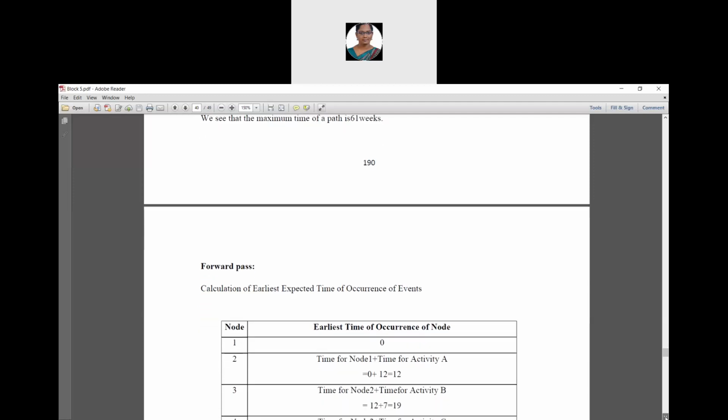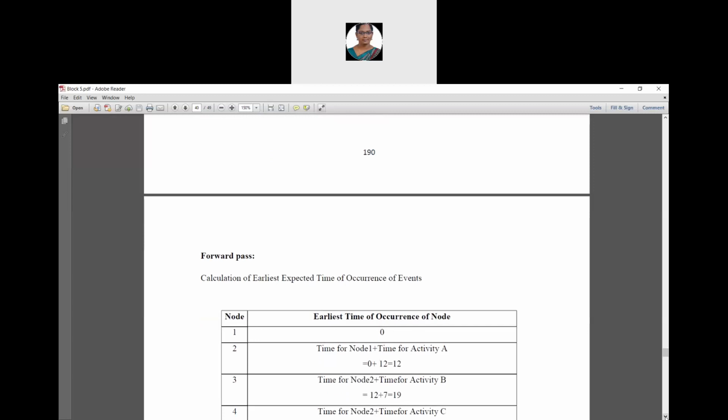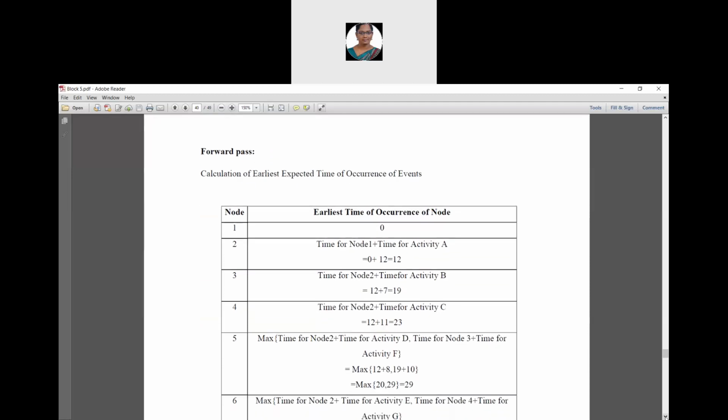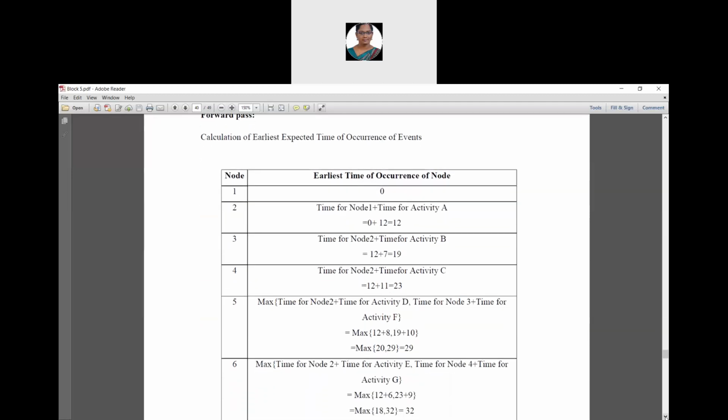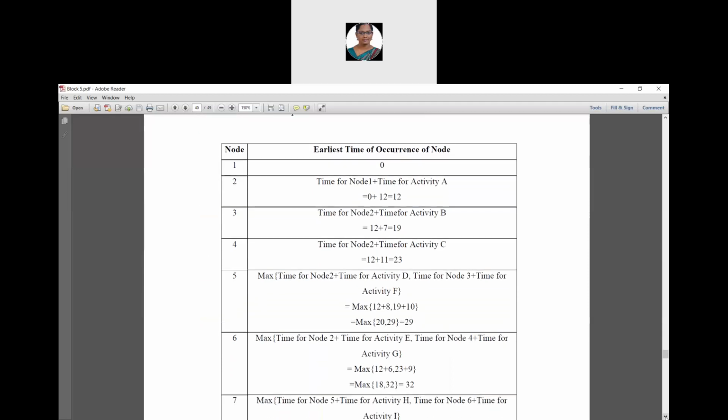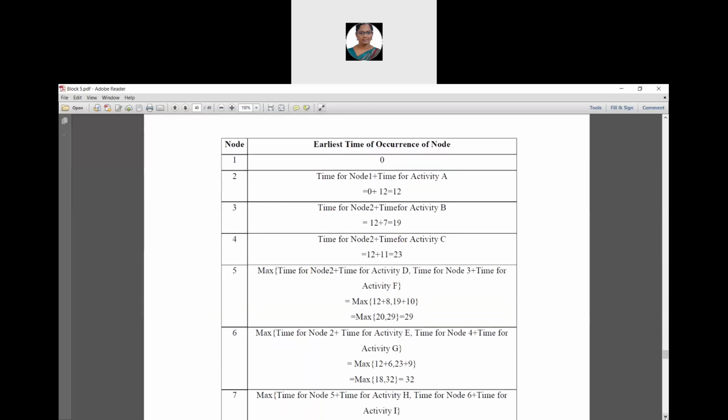Next, we have to calculate forward pass. That is, we have to calculate the earliest expected time of occurrences of events. So for node 1, earliest time value will be 0. For node 2, the earliest start value for node 1 is 0 and the time duration for activity A is 12.